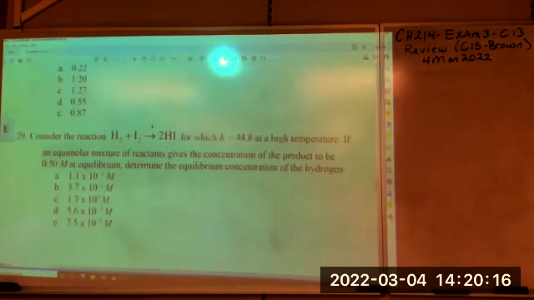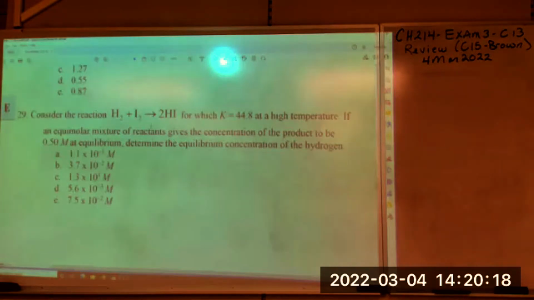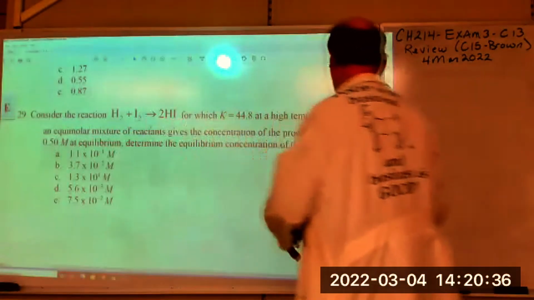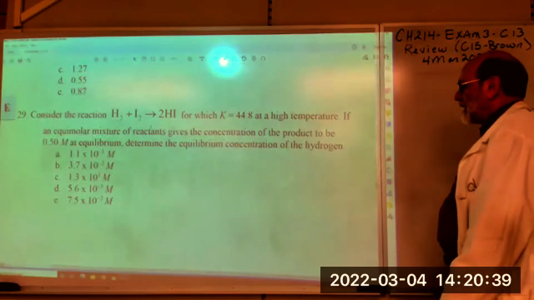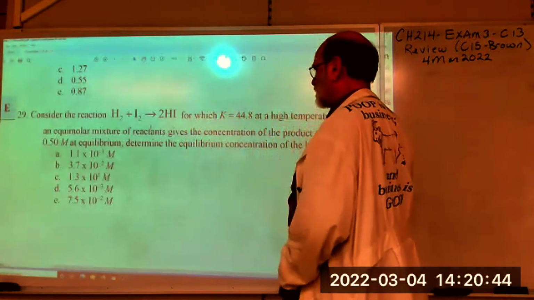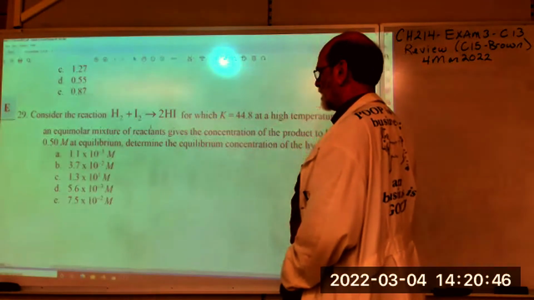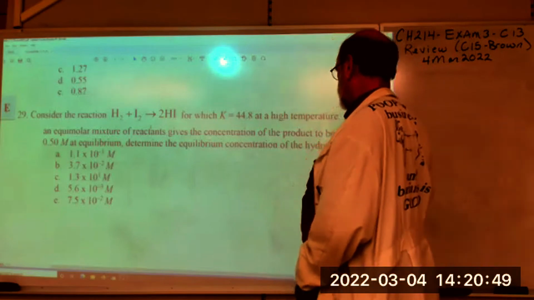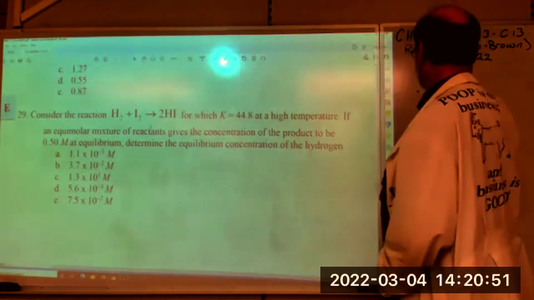29. Hydrogen and iodine yield 2 HI, for which the K is 44.8. That's way to the right at a high temperature. Let me see. If an equimolar mixture of reactants gives the concentration of the product to be 0.5 molar at equilibrium, determine the equilibrium concentration of hydrogen. Let's do that one.